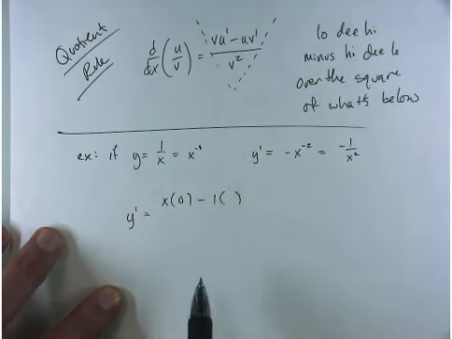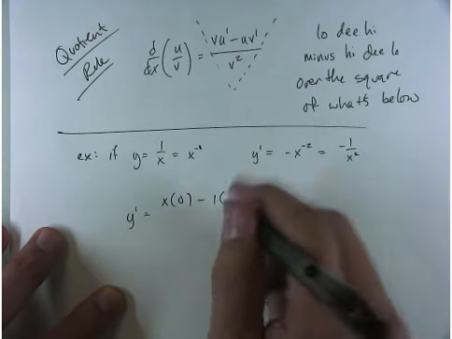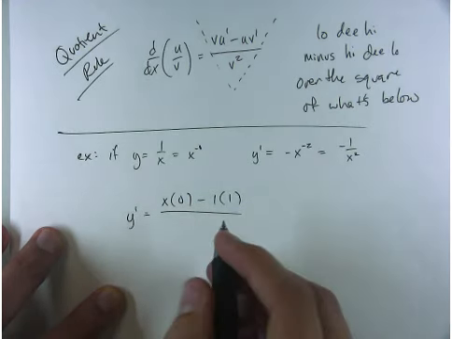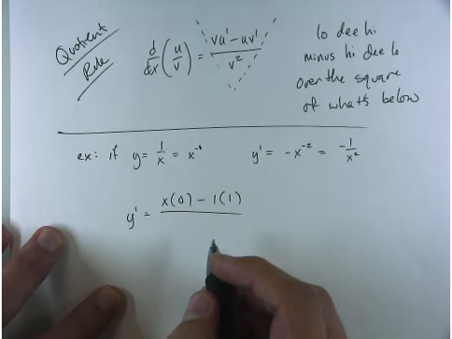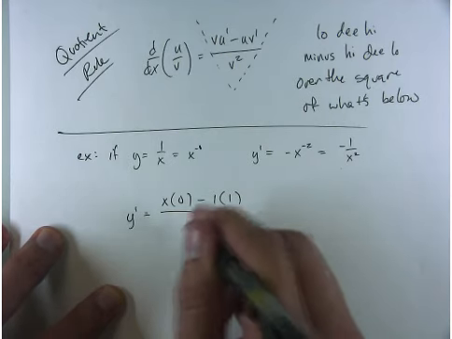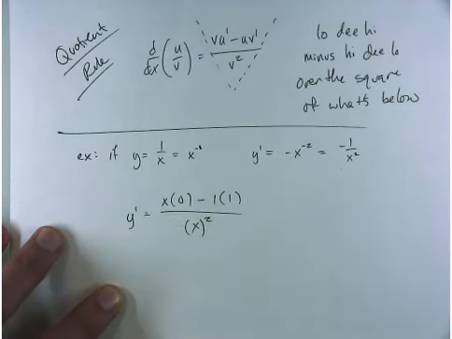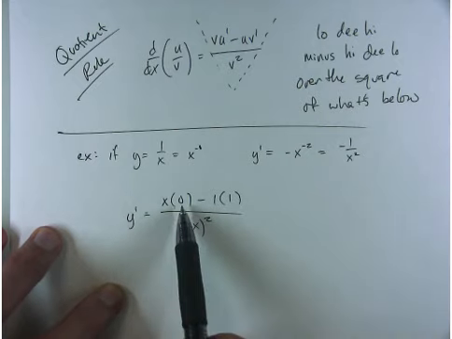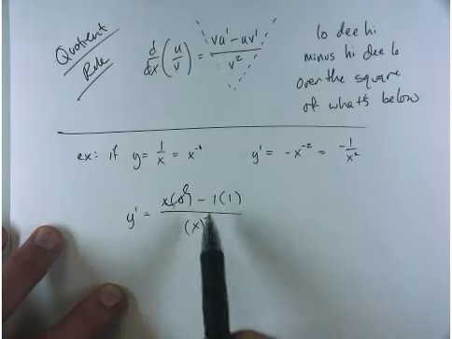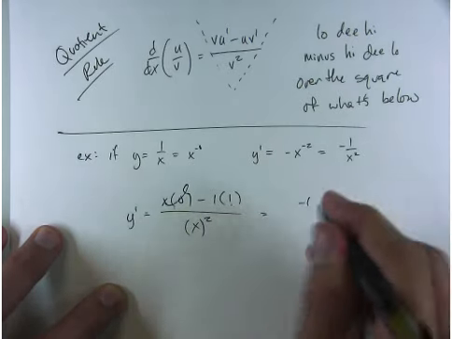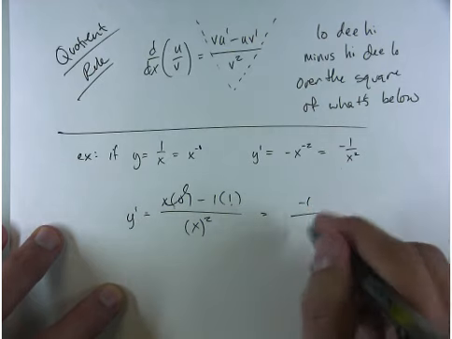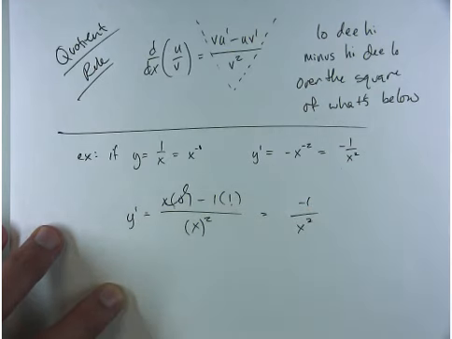What's the derivative of x? 1. Divided by, right, so over the square of what's below. What's below is x, and it's going to get squared. So that's x times 0, which is 0, minus 1, so negative 1, over x squared. Negative 1 over x squared. Works great. So it works on this thing that I already know.